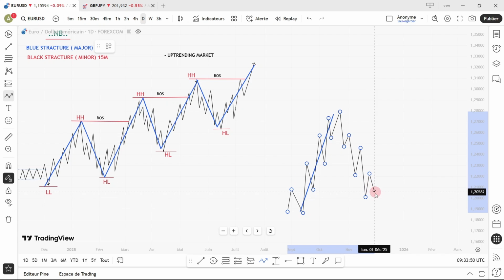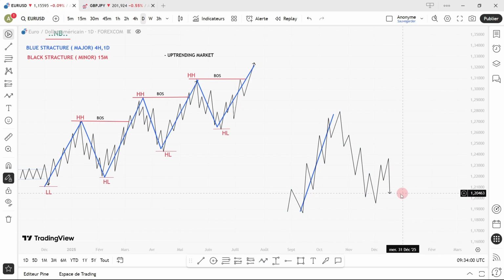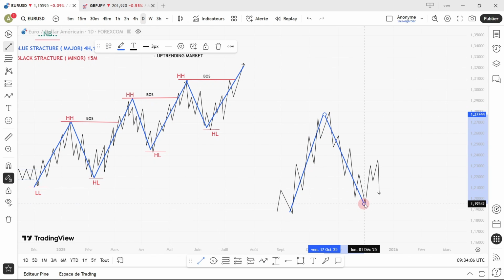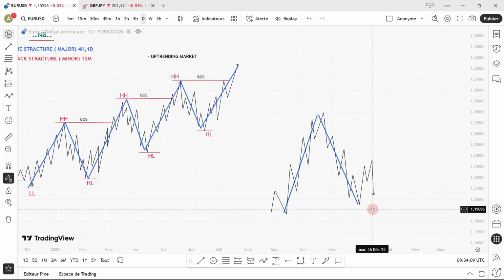So once we get an alignment of a higher time frame and a lower time frame just like this, this is a pullback, a higher time frame pullback like this. So once we get the alignment between lower time frame and higher time frame, of course that's now a probability setup.